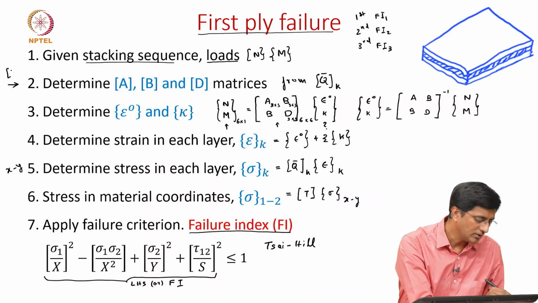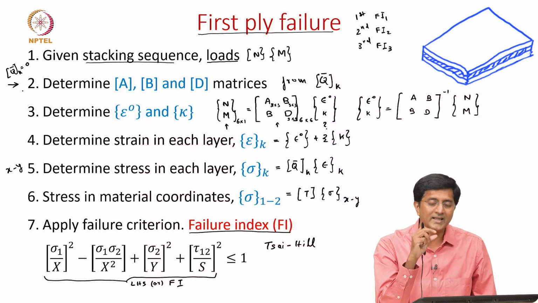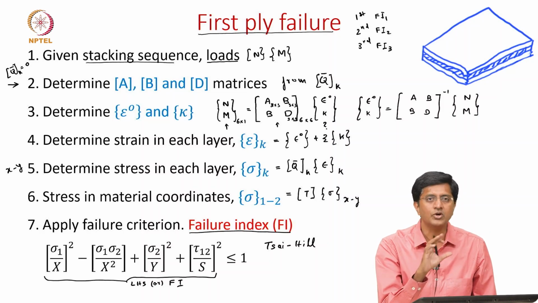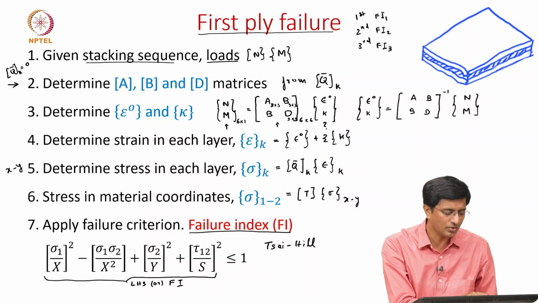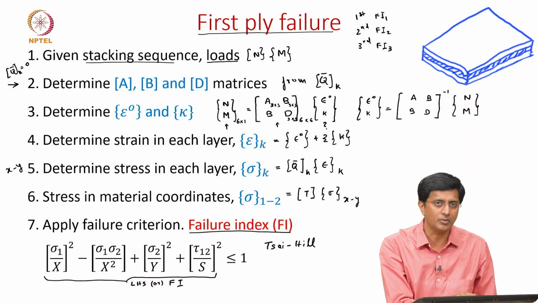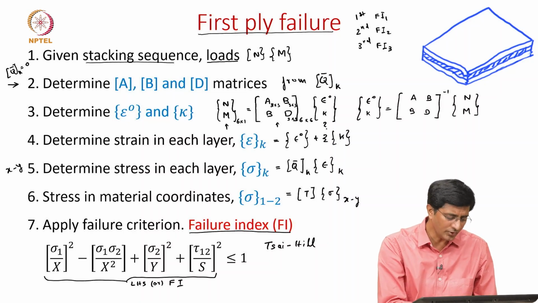We simply say the Q dash of the kth layer is 0, meaning we are degrading the stiffness of the kth layer. The rest all will remain the same. Based on that, you will have a new set of updated ABD matrices. This takes care of the kth layer lamina, the first ply to fail, which we have degraded to 0. And then we continue with the same process.